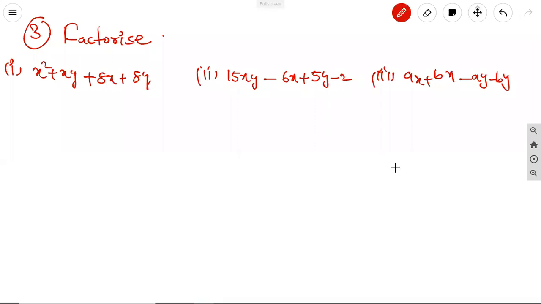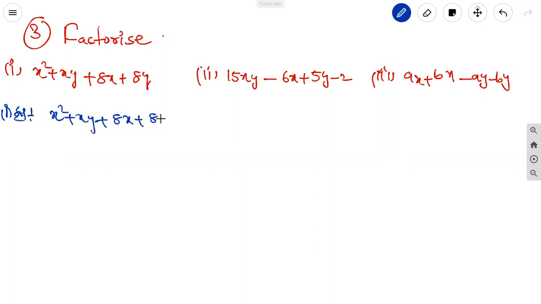Third bit, factorize the first question: x square plus xy plus 8x plus 8y. See here, in the first two terms, x is common. So we write x into x plus x into y plus 8 into x plus 8 into y.